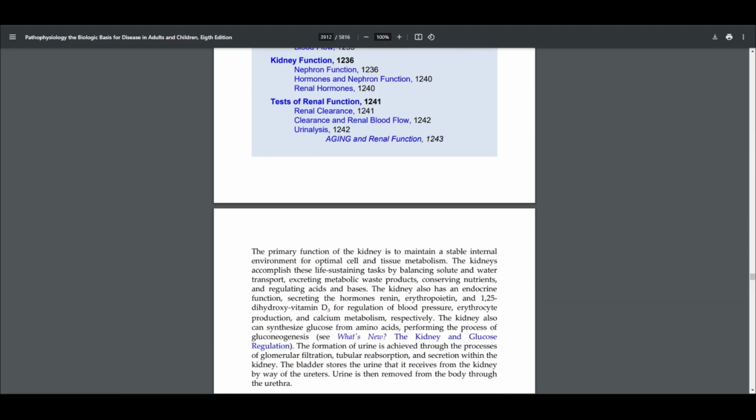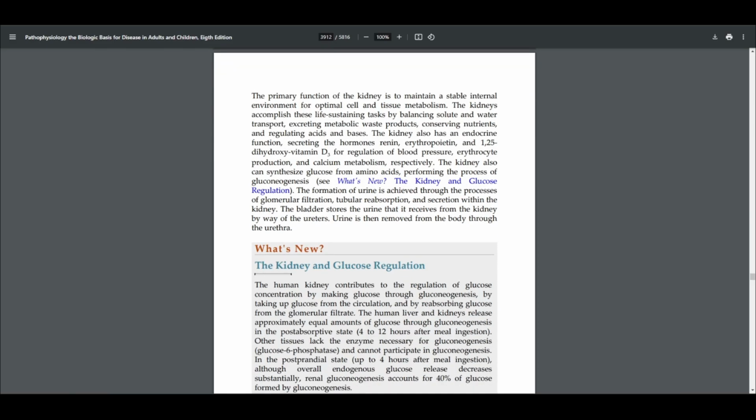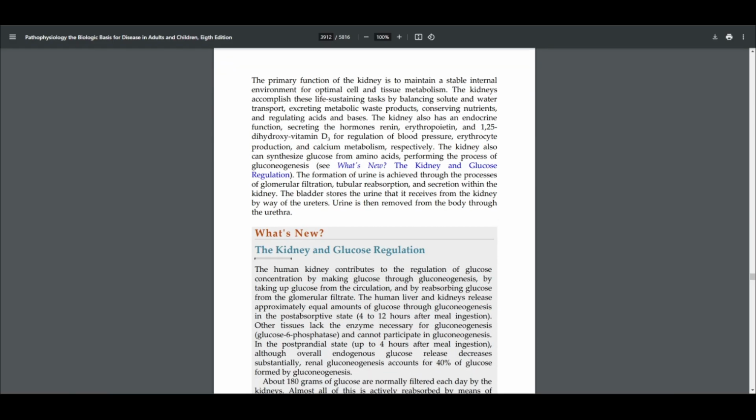So the primary function of the kidney is to maintain a stable internal environment for optimal cell and tissue metabolism. The kidneys accomplish these life-sustaining tasks by balancing solute and water transport, excreting metabolic waste products, conserving nutrients, and regulating acids and bases.